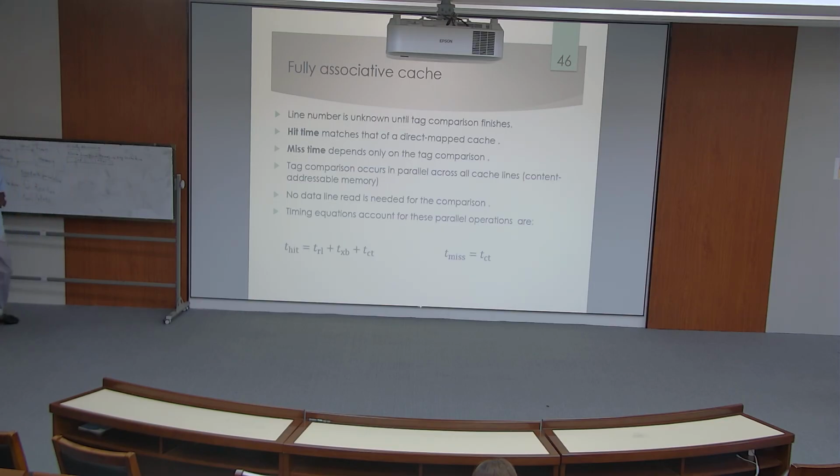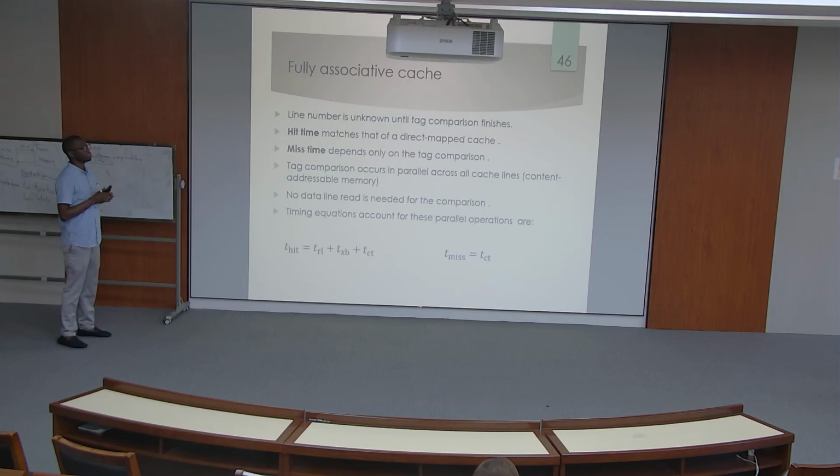That means that the line number is unknown until the tag comparison is done, because the address from the central processing unit does not provide any information related to the line number. That's why we say that the line number for fully associative cache is not known until the tag comparison is done.